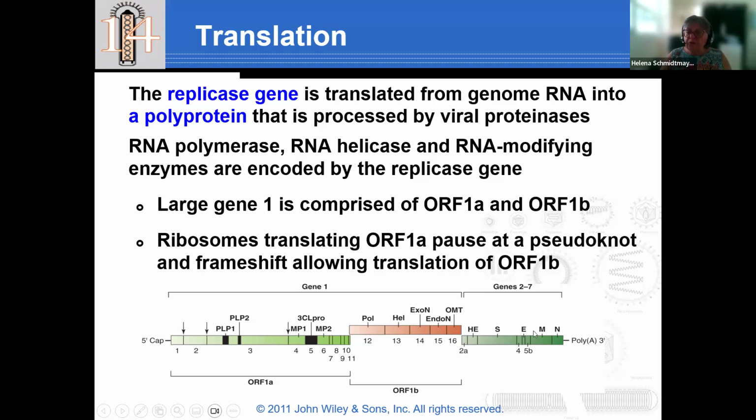Now, genes 2 to 7, the structural genes, are translated from subgenomic mRNA, but they are synthesized differently than those in togaviruses. And see here, we have the N protein, M protein, E, and S proteins.